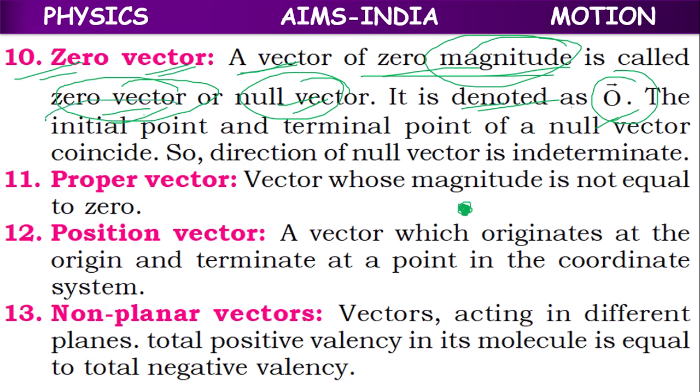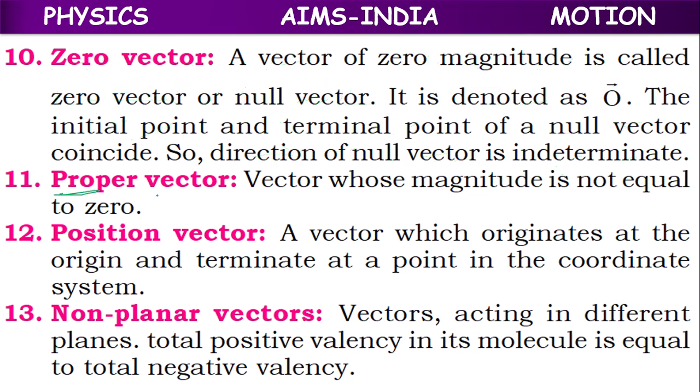When the initial point and terminal point of the vector coincide with one another, it is called a null vector or zero vector. So the direction of the null vector is indefinite. We cannot determine the direction of the null vector as both the points coincide.